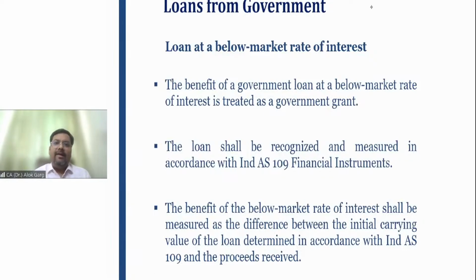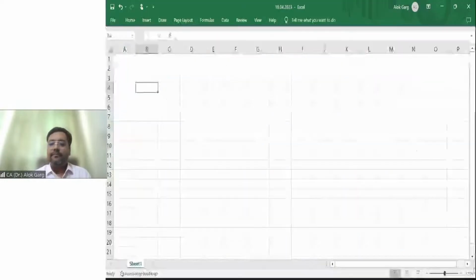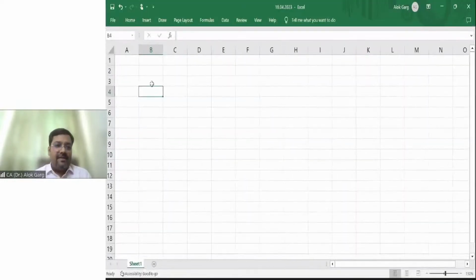So friends, let me discuss this with the help of an Excel file. I hope the Excel file is visible, right? I'll discuss this part with the help of an example. It is an important part. Interest-free loan given by the government.